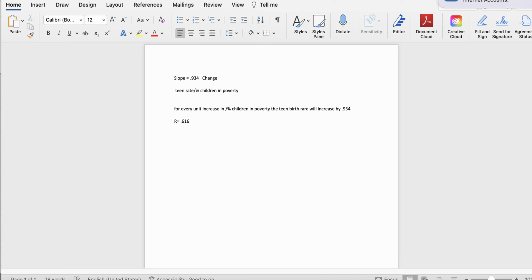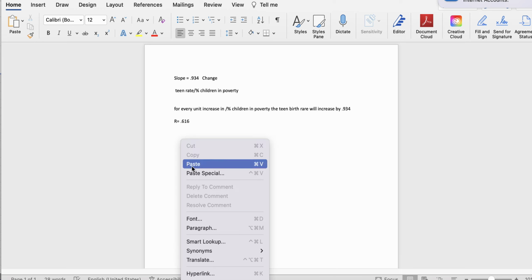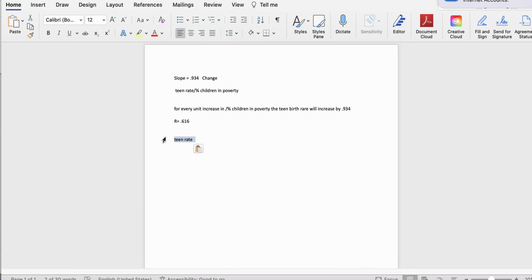So the percent of children in poverty explains 61.6% of the variability in what we're trying to predict, the variability in teen birth rate.